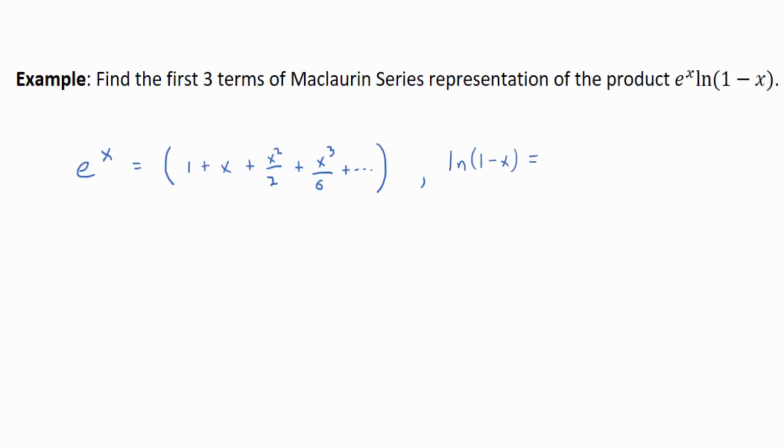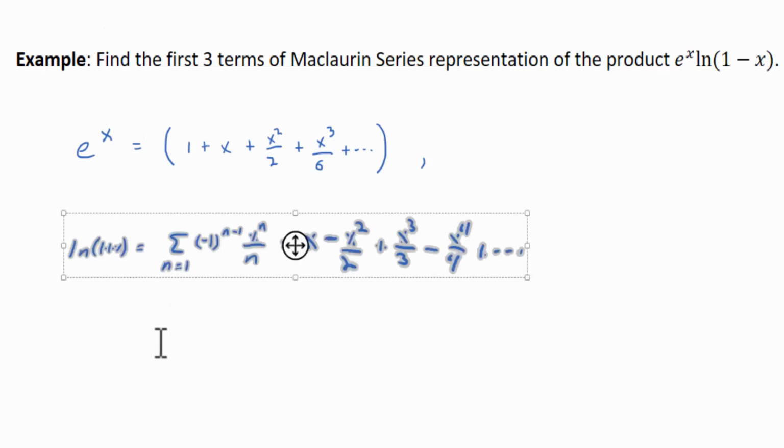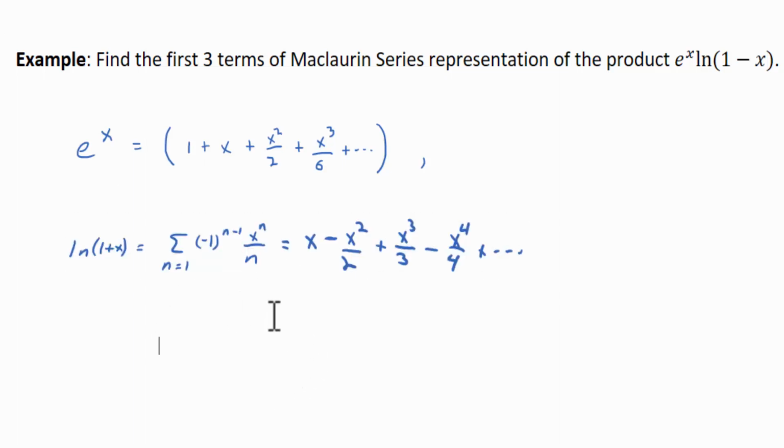You can look that one up. You're not expected to necessarily know it. I'll write down the natural log of 1 plus x. And the version we want, we don't need that version, just this version.